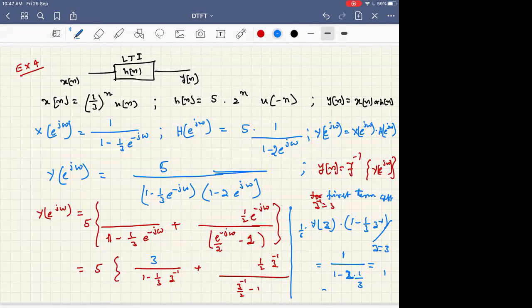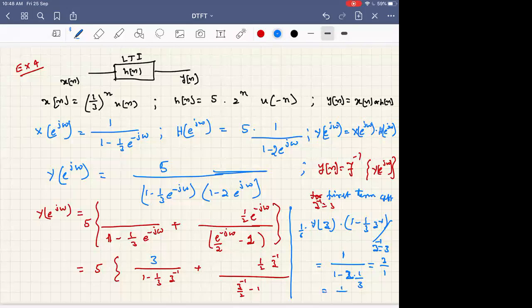Sir, in h of e power j omega, is it 2 or 1 by 2, sir? H of e power j omega. You are asking in this here or here? When I write 2, I think it is e power j omega only, right?